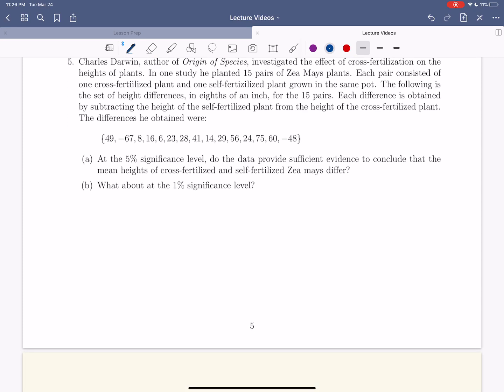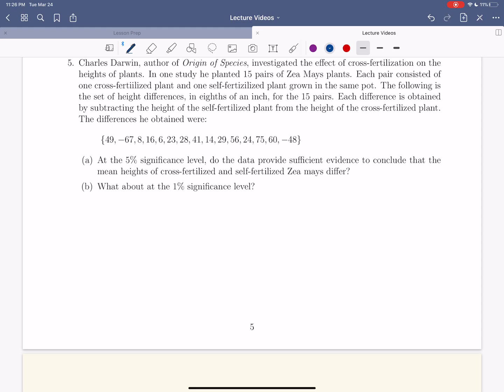One more. This is a paired difference question. This is a question from section 10.5. The idea here is that Charles Darwin, the discoverer of the theory of evolution, was studying cross-fertilization in the heights of plants and what effect that had on these particular plants called Zea mays plants.